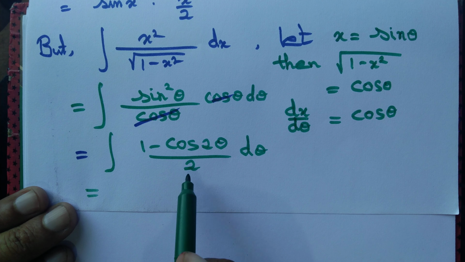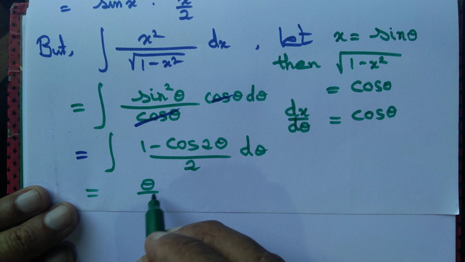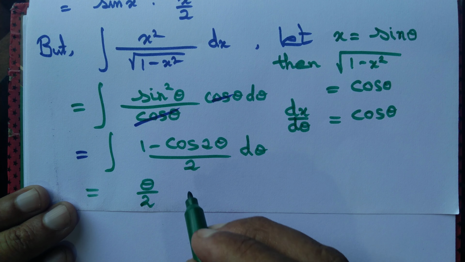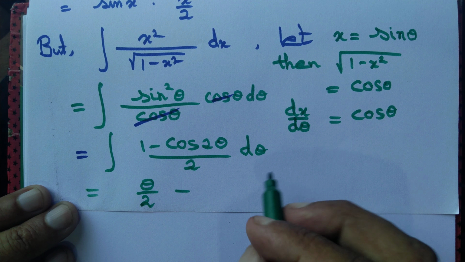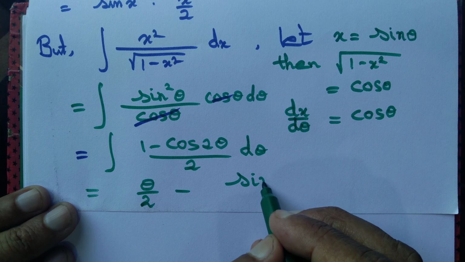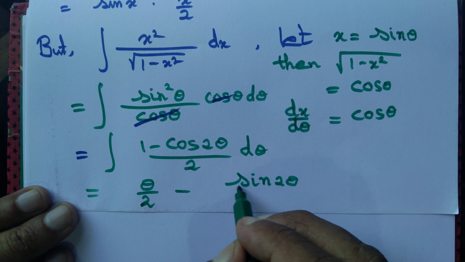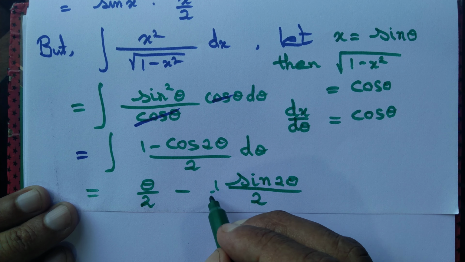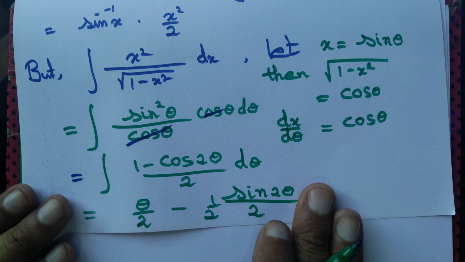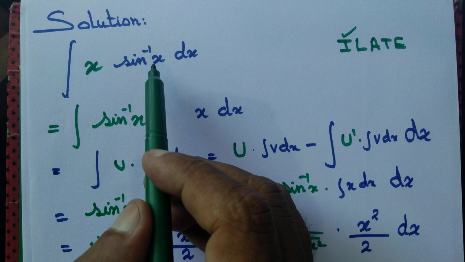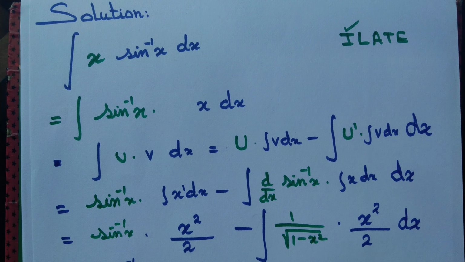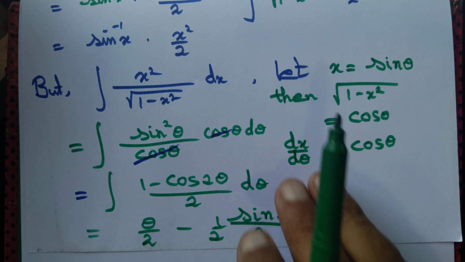Now, we know how to integrate half. That's half with respect to theta, just theta by 2. The integral of cos 2 theta is sine 2 theta by 2, but we got half as well. But we are starting with the integral of x sine inverse of x, so we need to write everything in terms of x.